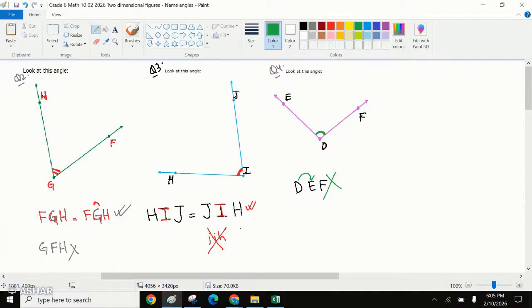Yes, perfect. You can write F, D, E, right? Or you can also write E, D, F. It doesn't make a difference because in both of these cases, it shows us that the angle D is in the middle.